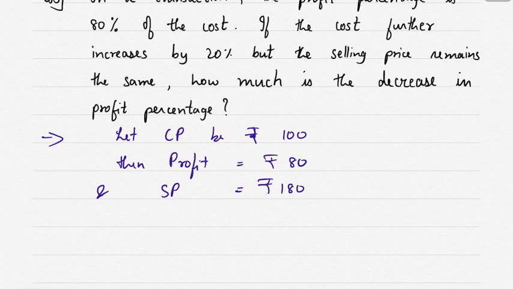Okay. If the cost further increases by 20 but selling price remains same, that means cost price is increasing by 20%, right?